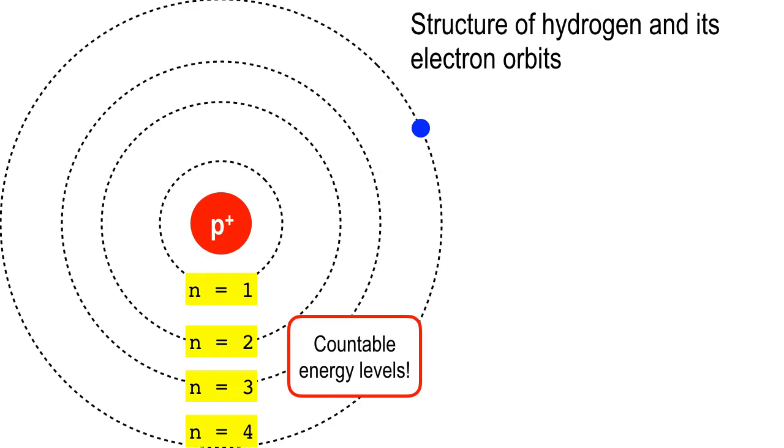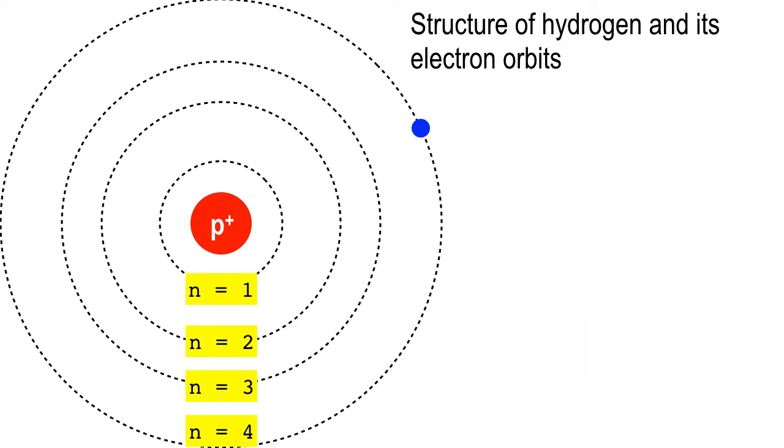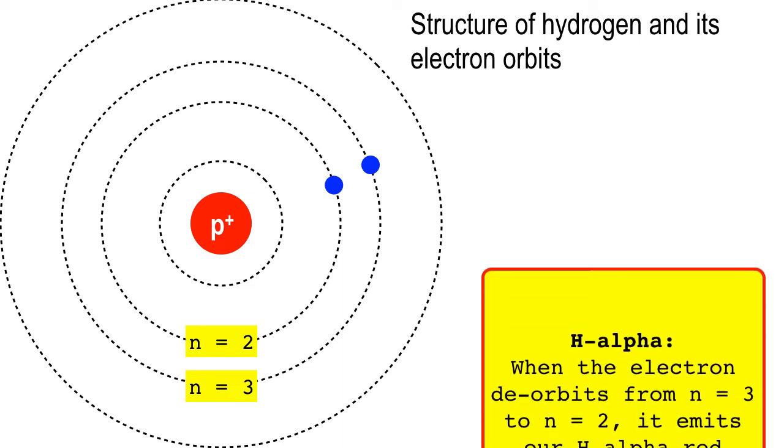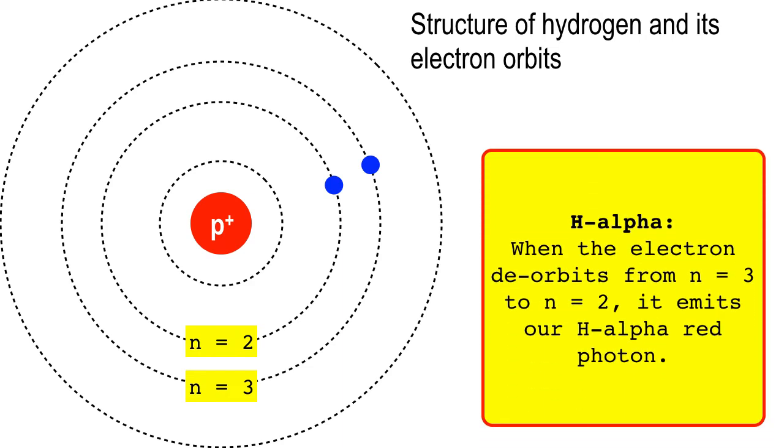And guess what? That's explained by this picture. So here's n equals 3 and n equals 2. When that n equals 3 electron dips down to n equals 2, it emits the red H alpha photon.